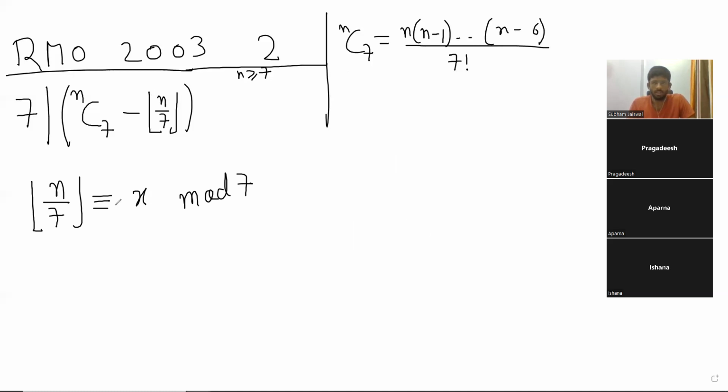In general, to understand this thing, it's better to write n in the form of 7. What do I mean by it? I mean, there's no official word, in the form of 7. In terms of 7, we write it. Now you see something good happen.